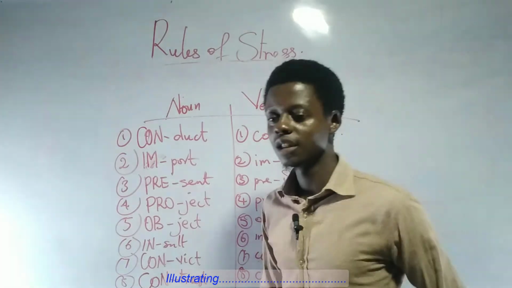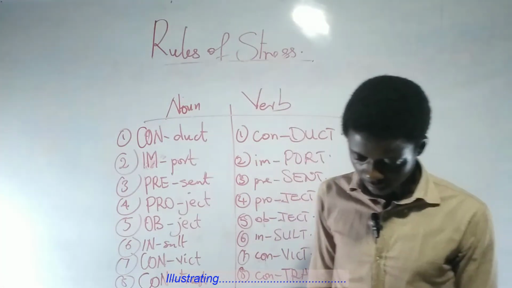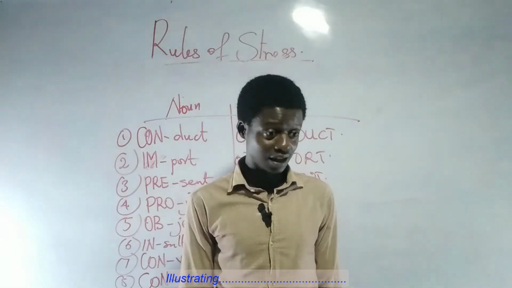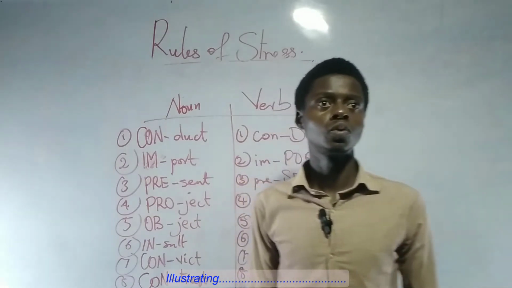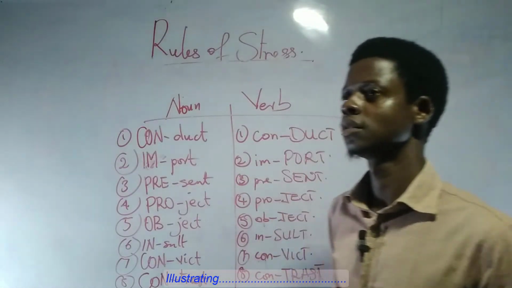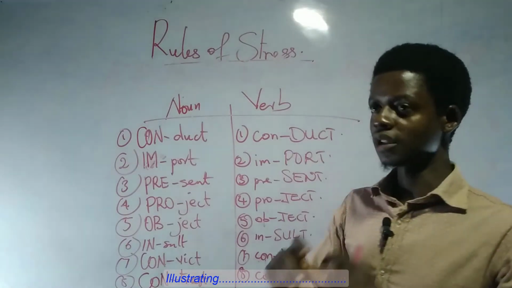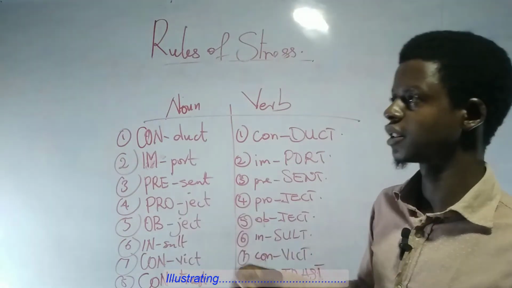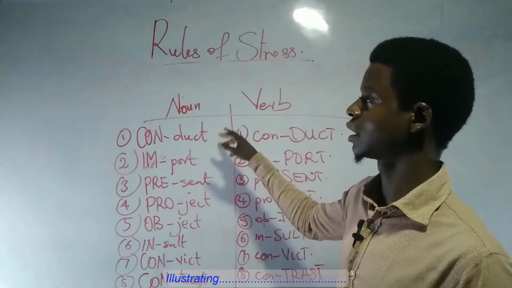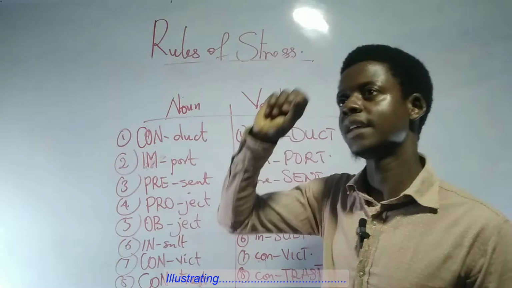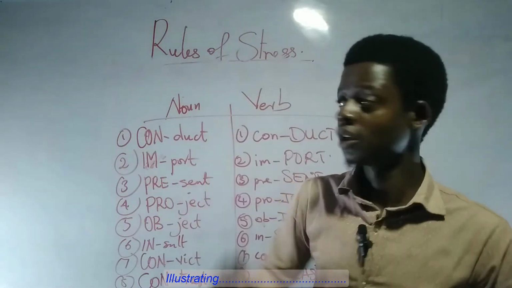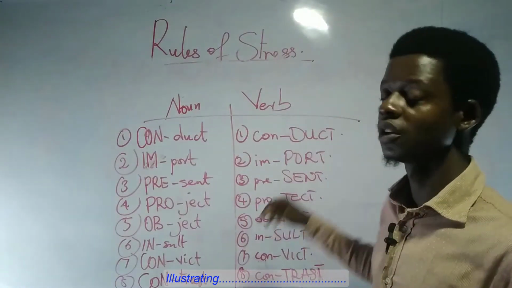The question you might be willing to ask now is, how do you know if the word is a verb or a noun? It depends on the question. If you read from the context, you know, or if it's set in exams, something like this kind of word, they'll put in brackets a small letter N in front to show you this is a noun, or a small letter V to show you it is a verb.